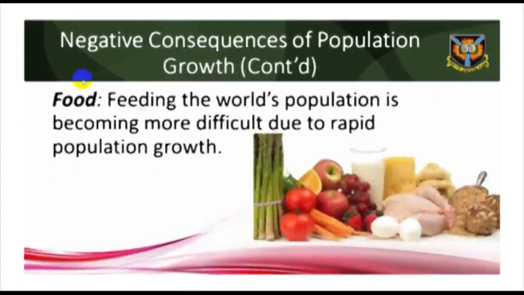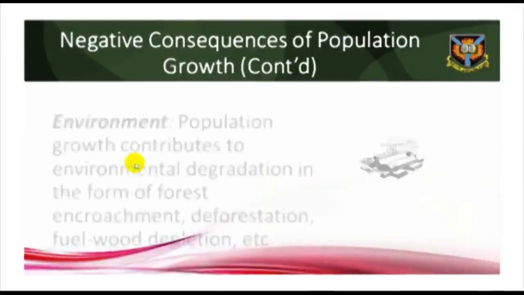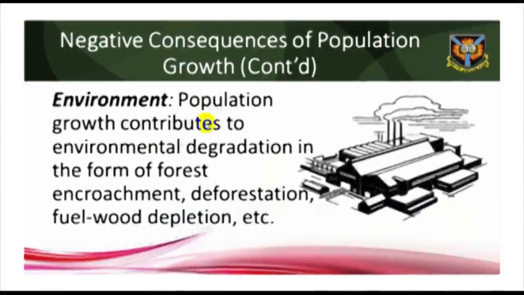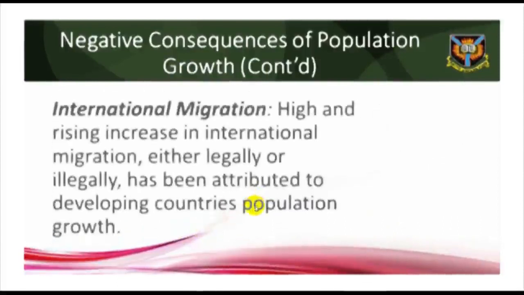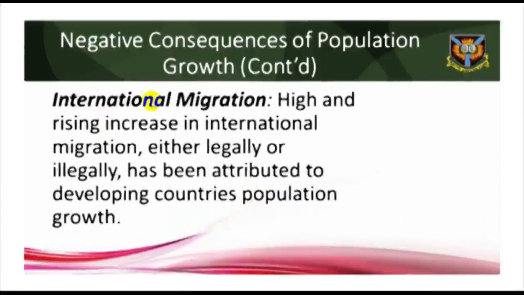Feeding the world's population is becoming more difficult due to rapid population growth. 6. Environment. Population growth contributes to environmental degradation in the form of forest encroachment, deforestation, fuel wood depletion. 7. International migration.